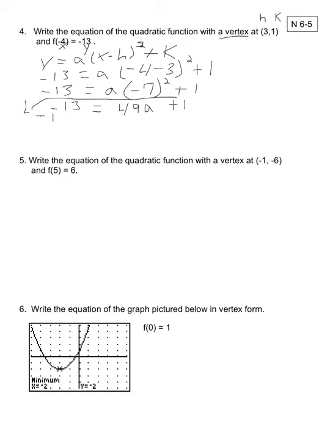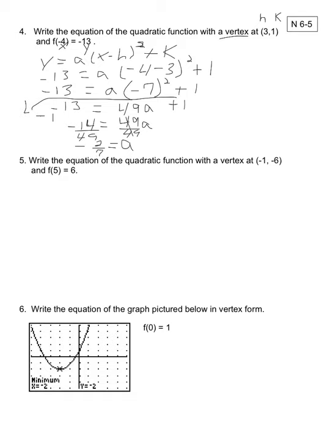Negative 1 minus 13 is negative 14 equals 49a. Solving for a, we have to divide by 49. And a equals negative 14 over 49, which reduces, 7 will go into both, to negative 2 over 7.